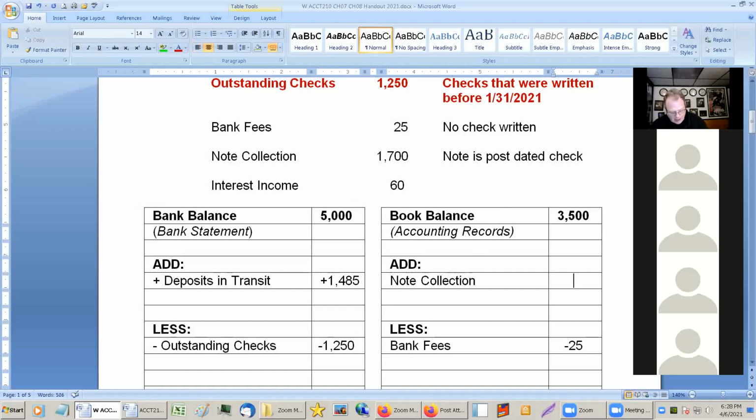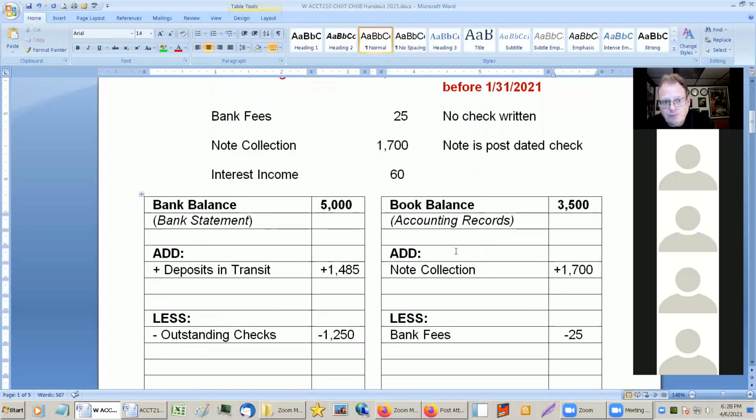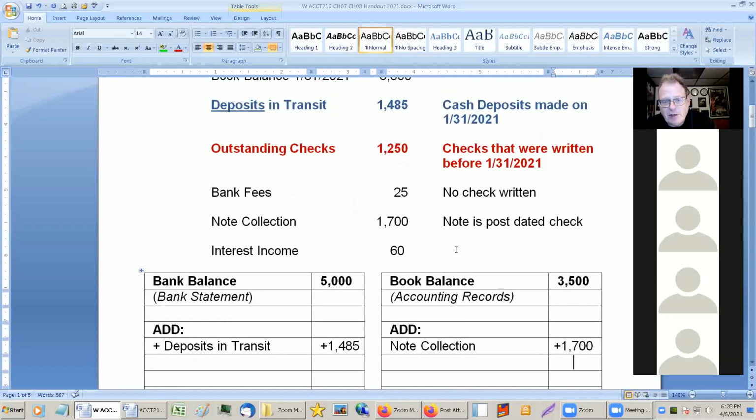And they will put the money automatically in our bank account. Let me put a plus in front of that. Okay, just a plus, no space. Okay, so collected the note.